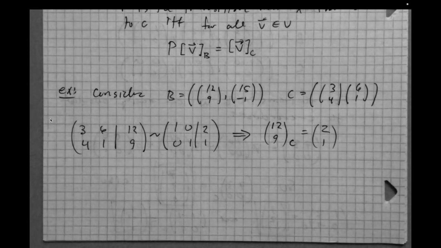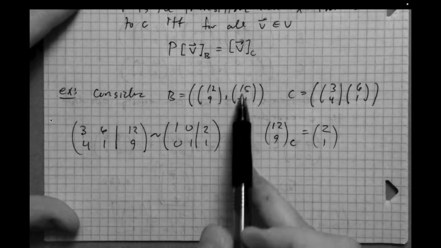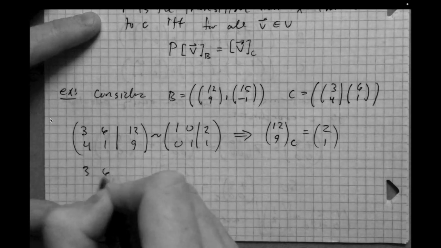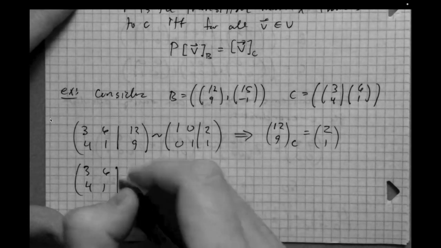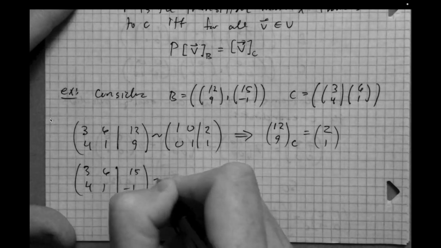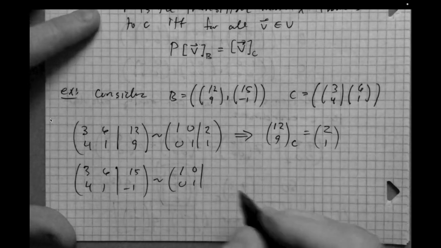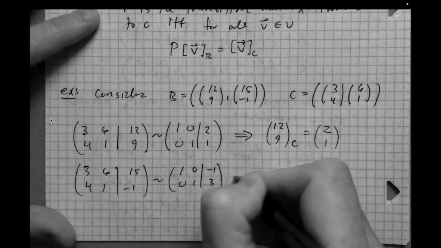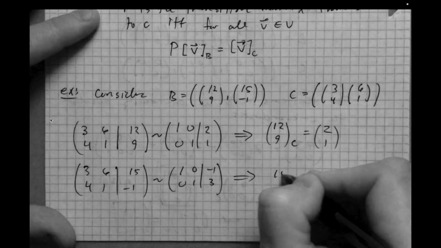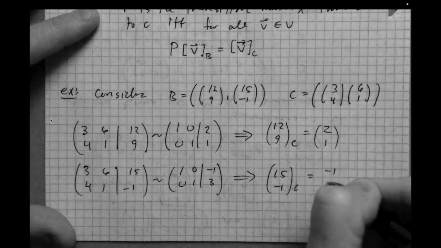And we talked about what this is. We did this previously. I can do the same thing for this other vector. So 3, 6, 4, 1. I want to coordinatize 15, -1. That row reduces to 1, 0, 0, 1, and then -1, 3. Okay, and so that means 15, -1 coordinatized in C is equal to -1, 3.